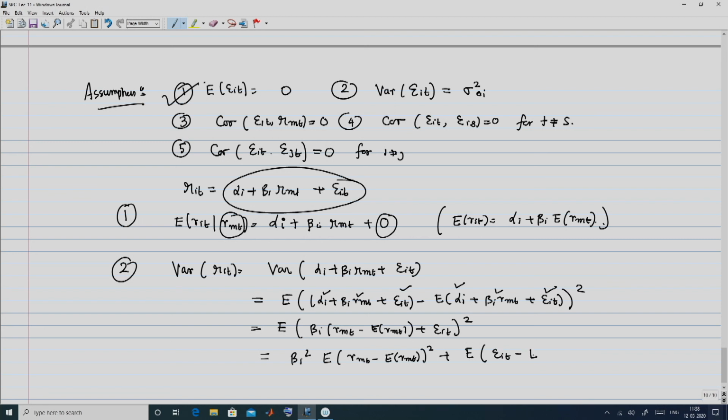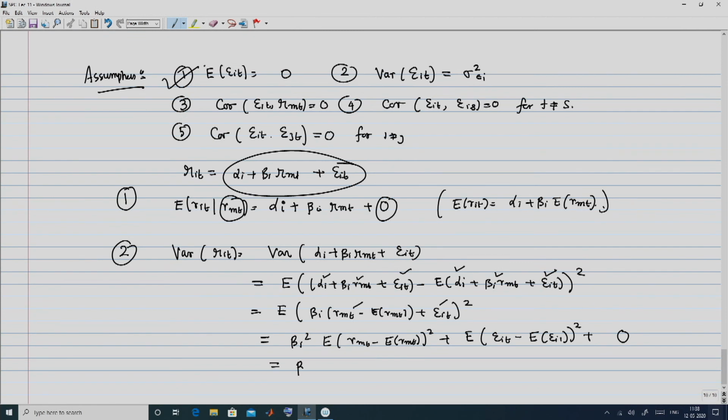square. Now, this can be written as the expected value of epsilon_IT square, plus a term which involves the covariance of R_MT and epsilon_IT, and that is going to be equal to 0.